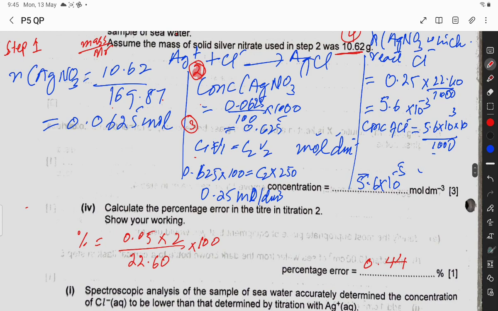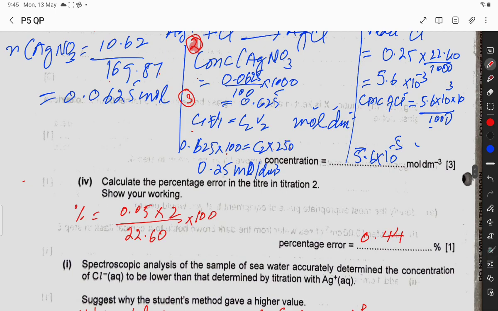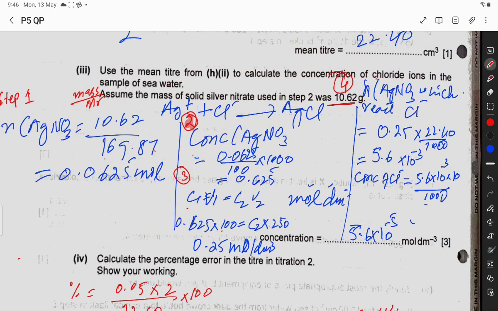So 0.625 is the concentration of silver nitrate times 100 is the volume, equal to concentration times 250, which is the volume. That gives 0.25 mol per dm³. So we have a 1:1 ratio, which means the concentration of chloride is 0.25 mol per dm³.